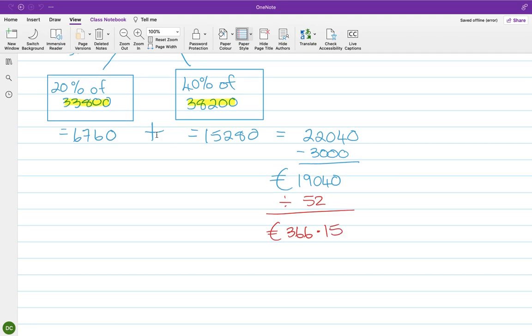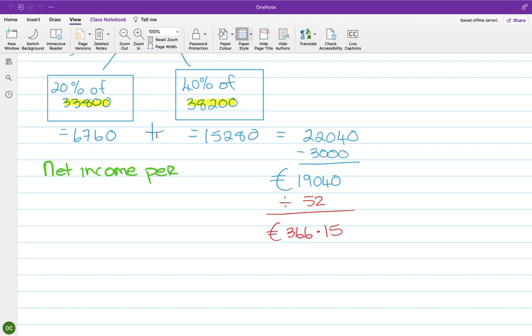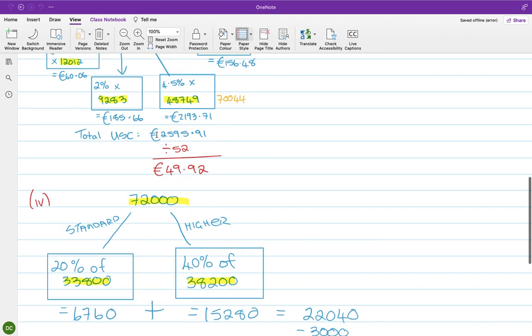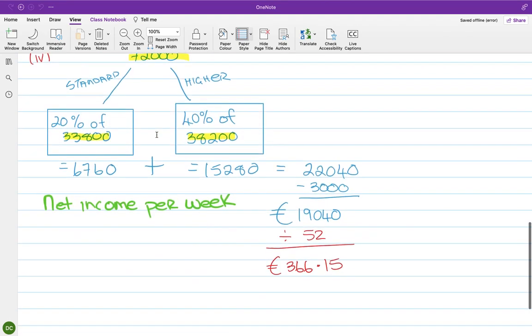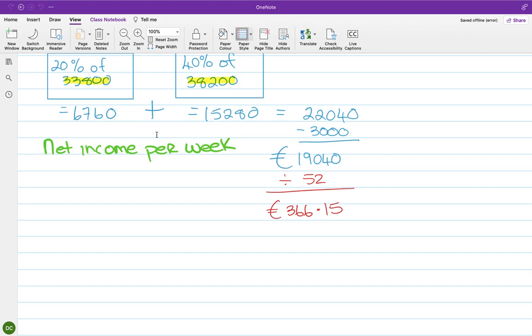Okay, so net income. Per week. He gets paid 72,000, but that's for a year. So I need to divide that by 52. So he gets paid 1384.62. And I've rounded that at 615, so 62.